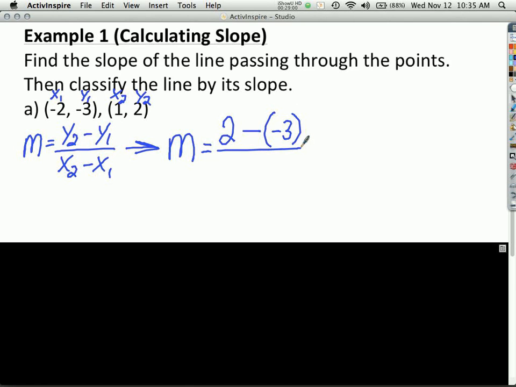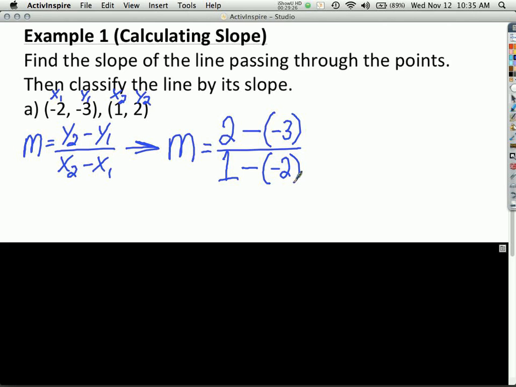Over X2 is a 1, minus X1 is a negative number. Make sure you pay attention to that. Now simplify. Go ahead, simplify. No calculators needed. You should do it with mental math. Absolutely no calculator should be used.